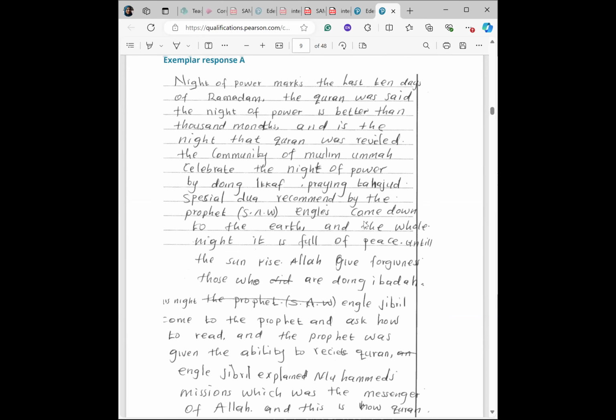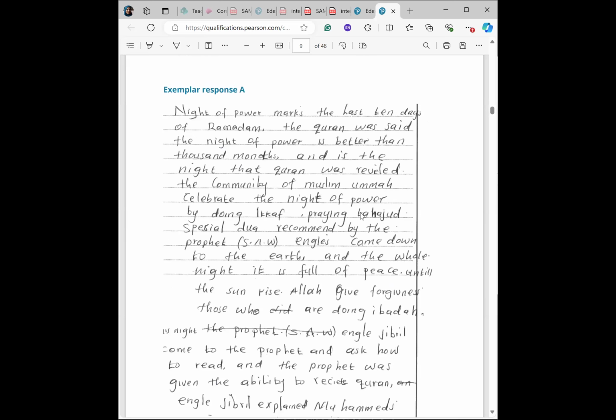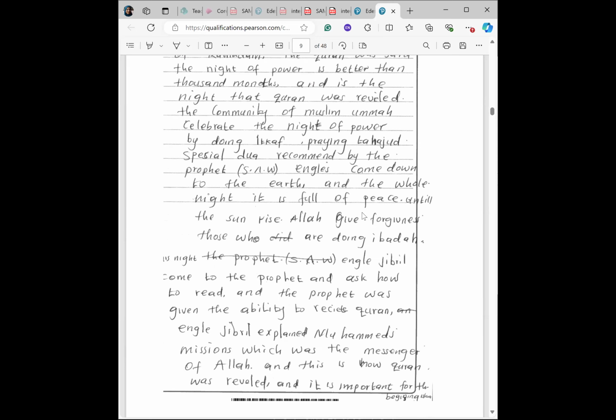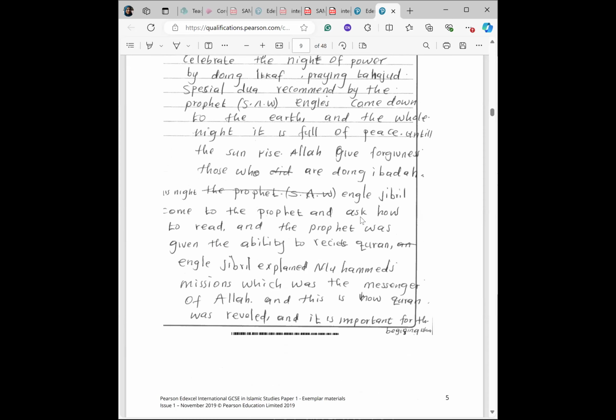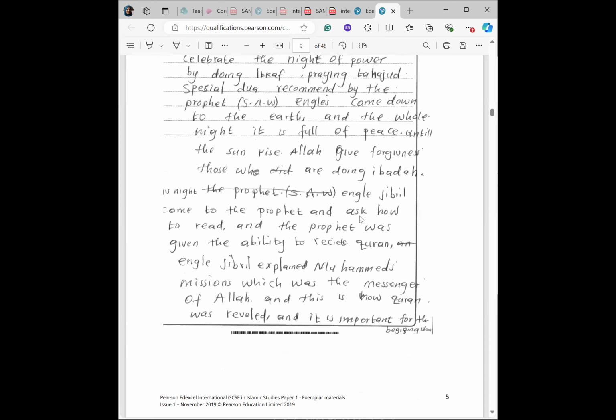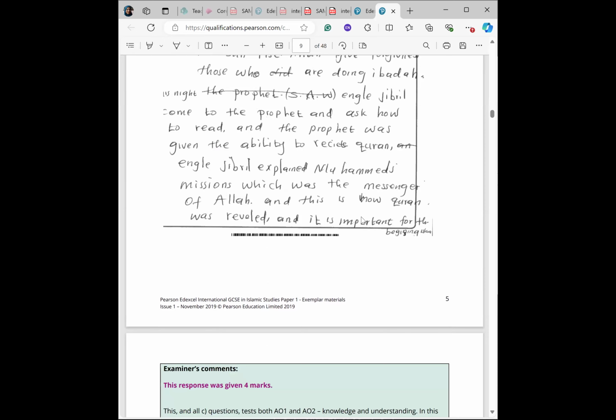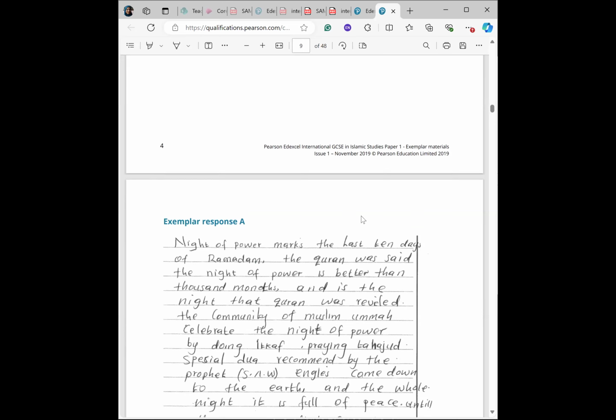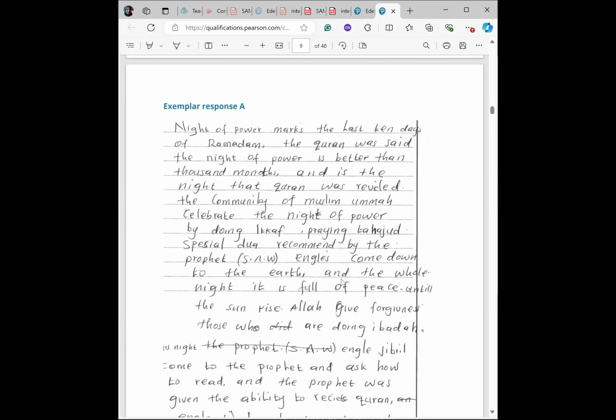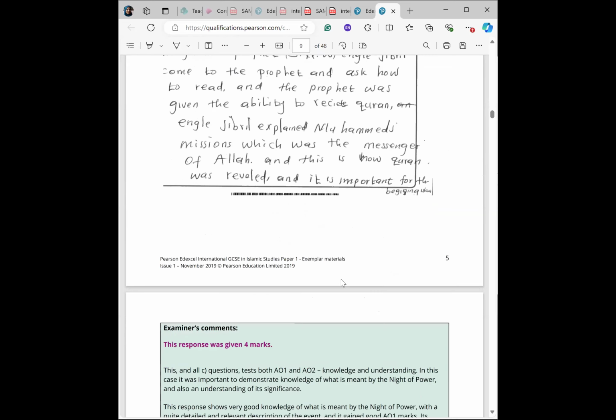These are some of the responses that have been given, and they're being shared here. Use them in the classroom. Get students to work with them. Use highlighters, and this response is actually given 4 marks, and the comments are also here why this actually achieved 4 marks. So use it for your students as an activity.